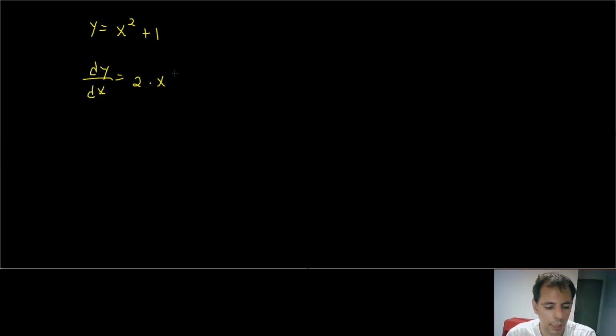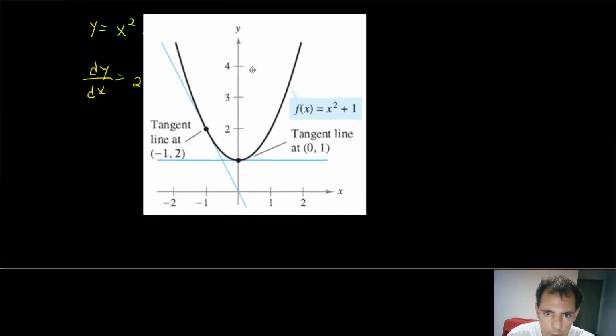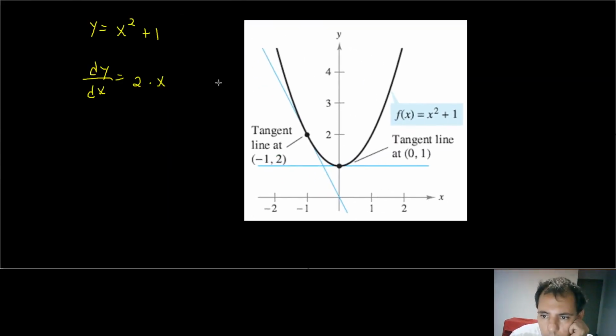Now, what does this look like? Well, since this is x squared plus 1, we know that it's the graph of a parabola because its highest power is 2. And this is what we're talking about. You can see that the slope is always going to be 2x. So that means that the slope is going to change for each value of x, right? It's shown right here, this blue line.